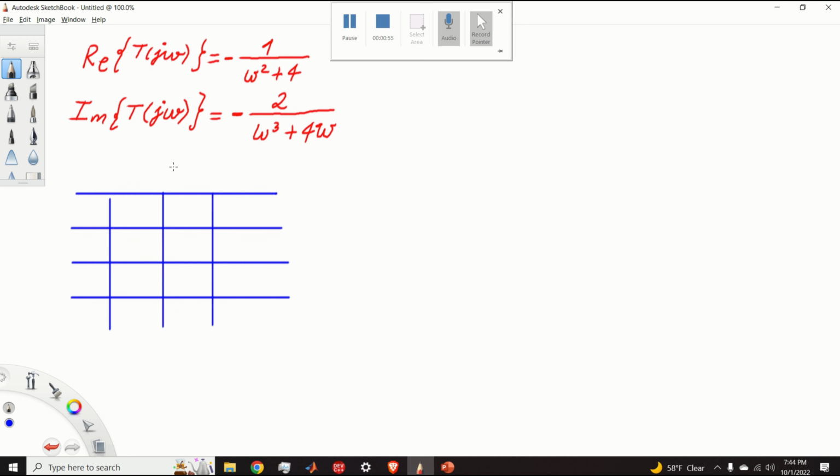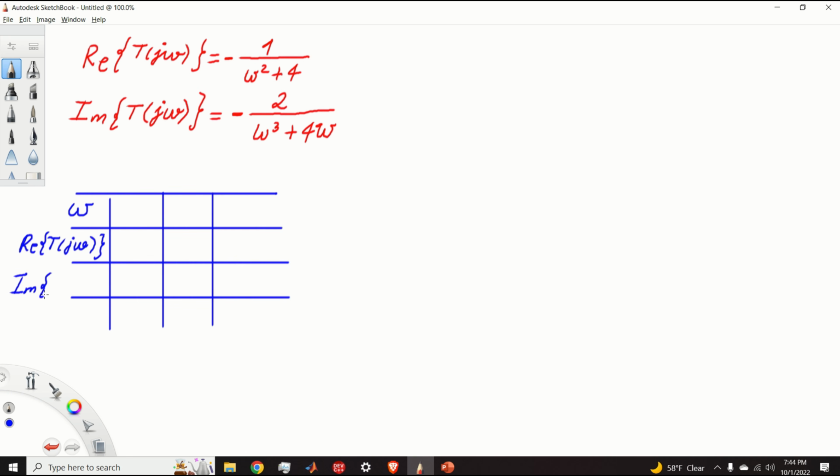The first row will be omega values. The second row will be the real part of T of j omega. And the third row will be the imaginary part of T of j omega.